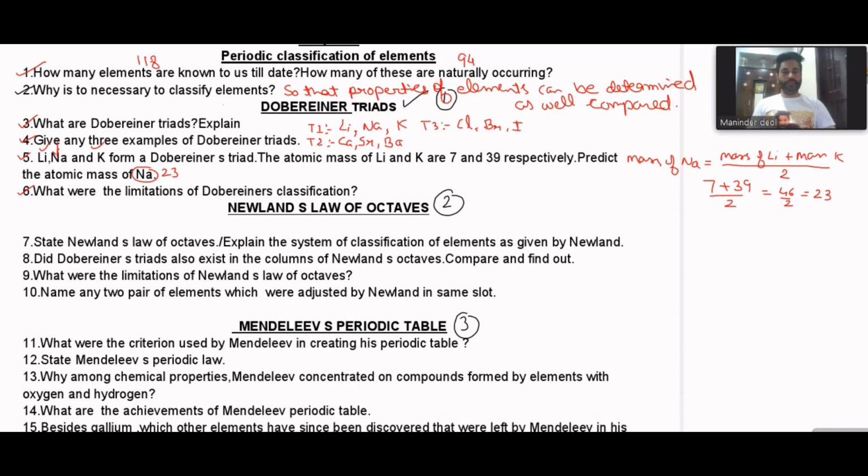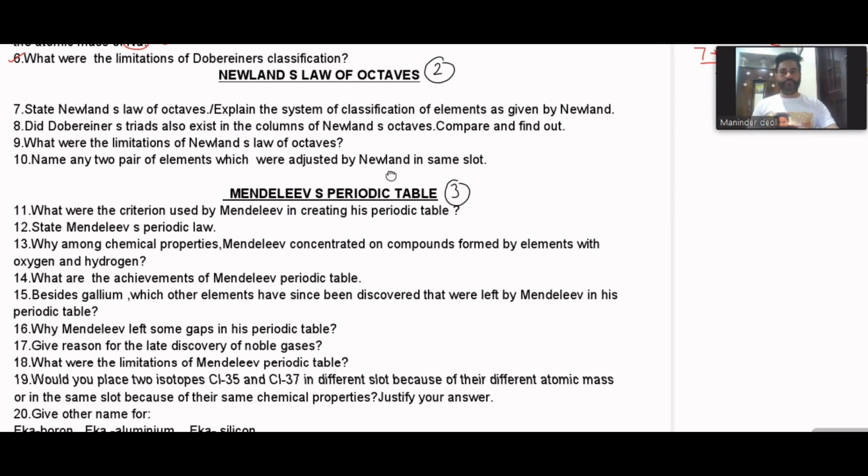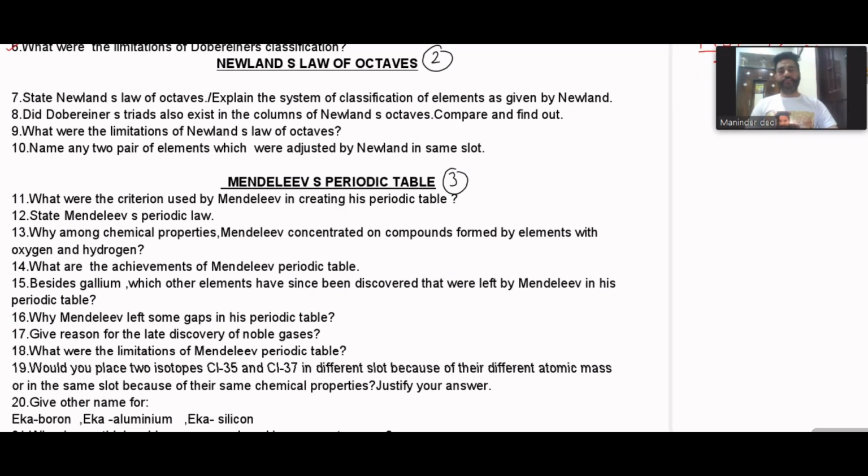Can we move to Newlands' law of octaves? Yes, sir. Okay. Again, what you have to do is the theory, the concept he gave, then advantages and limitations. Let me tell you what Newlands' law of octaves is.